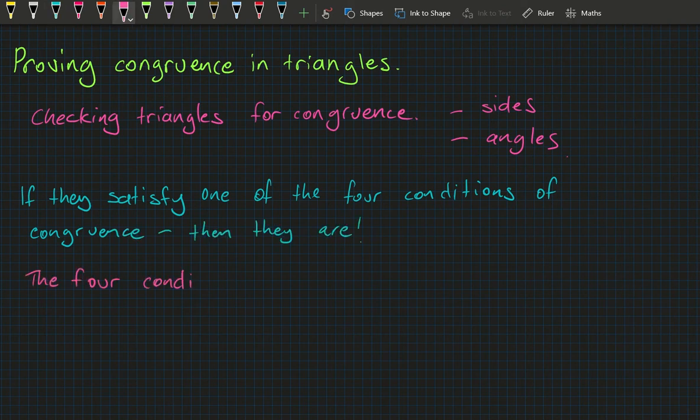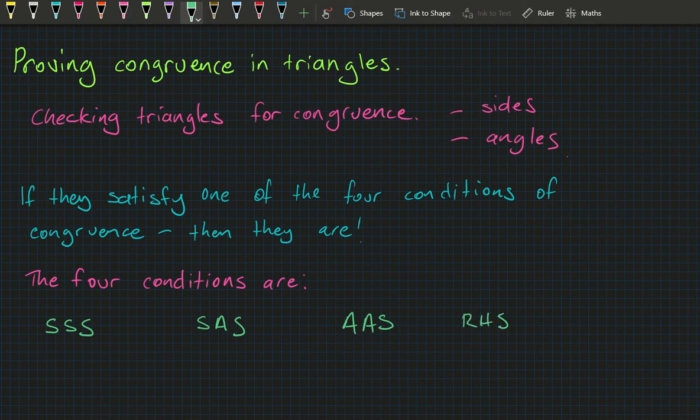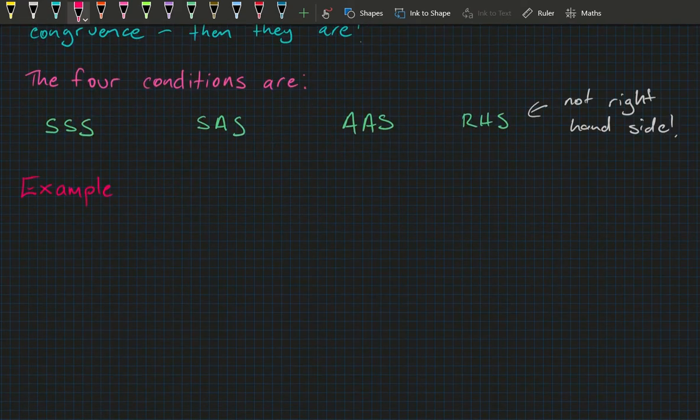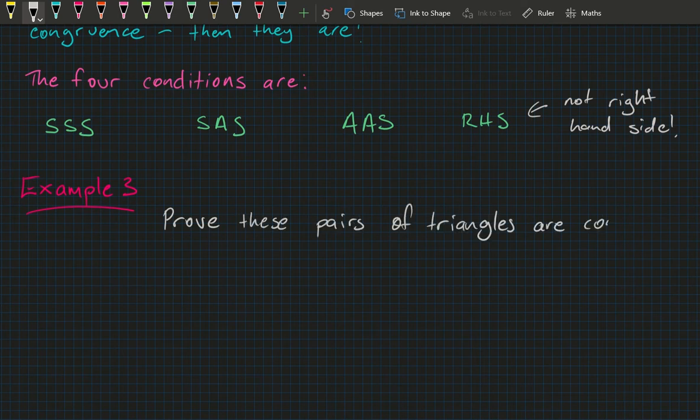Let's recall that the 4 conditions are SSS, where all sides are equal, SAS, where two corresponding sides and a corresponding angle are the same, and AAS, where two corresponding angles and one side is the same, and RHS, where we have a right angle with the hypotenuse and one of the other side lengths are the same. Note that this does not mean right-hand side. Okay, let's apply these in example 3, where we're going to prove that these following pairs of triangles are congruent.